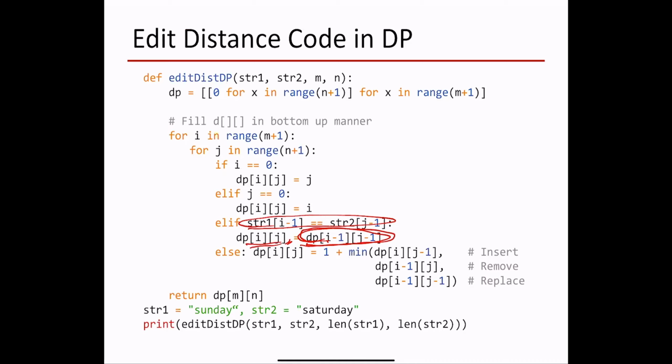Sorry for the misunderstanding. If it is a match, I'm choosing the diagonal value. If not, I'm choosing out of 3 candidates, and among those, I choose the minimum, then plus 1.